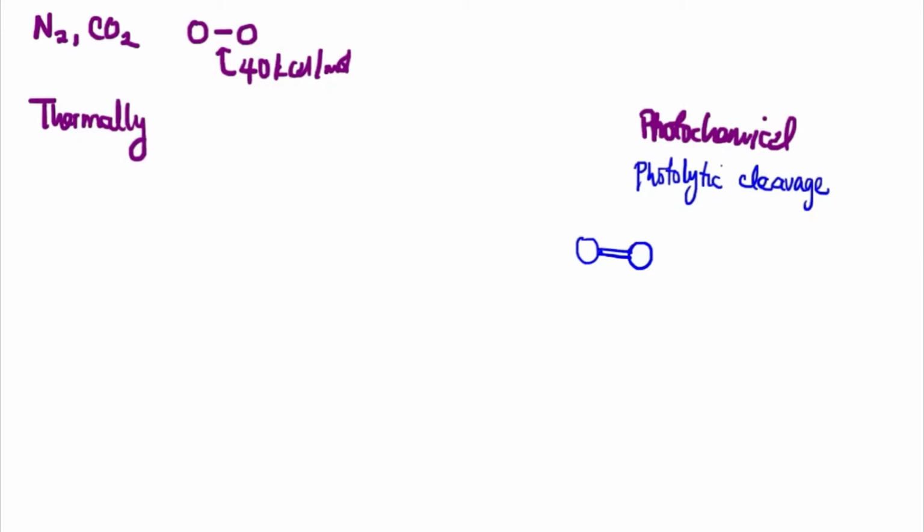To target this bond, we need a photon that is absorbed by this molecule in order to cleave its bond and form two radicals. The energy of this photon must be sufficient to cause a homolytic cleavage.